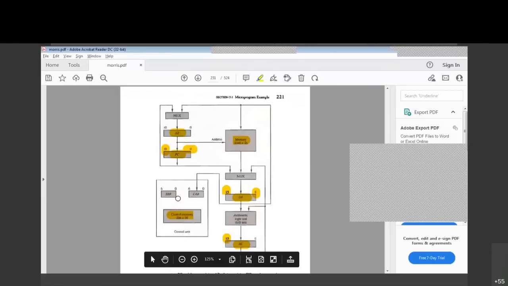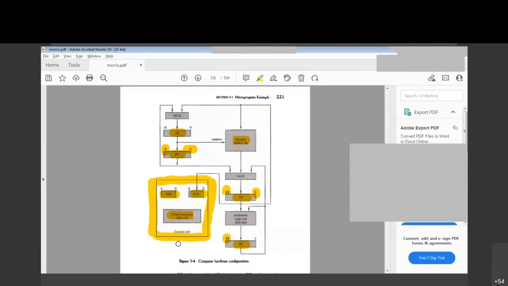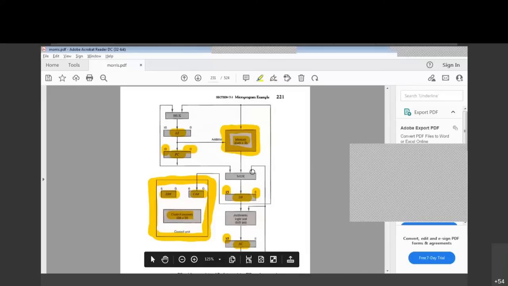Now look over here. This is my control memory. You have SBR and CAR associated with it. So this entire block is your control unit. This is your main memory. Okay. Now here, like we saw that exchange of data between registers can be carried out through bus.